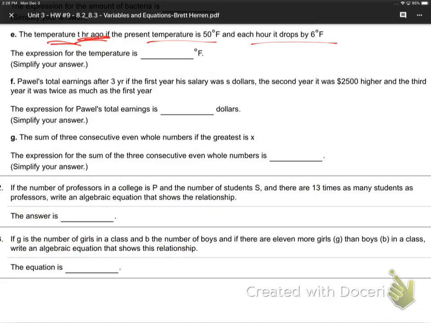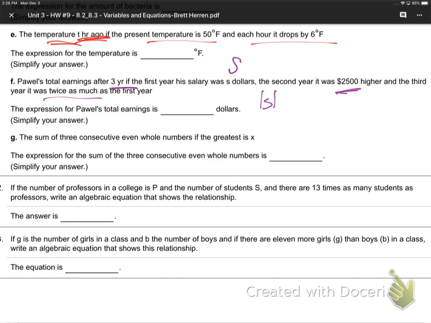Where are we? Got lost. There. F. Powell's total earnings after 3 years, if the first year of his salary was S dollars, and the second year it was 2,500 higher, and the third year it was twice as much as the first year.